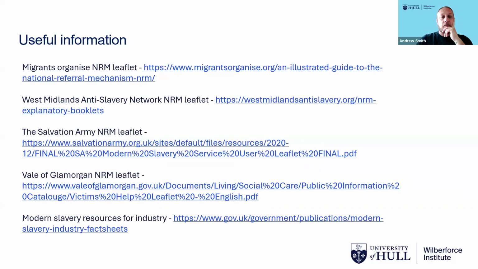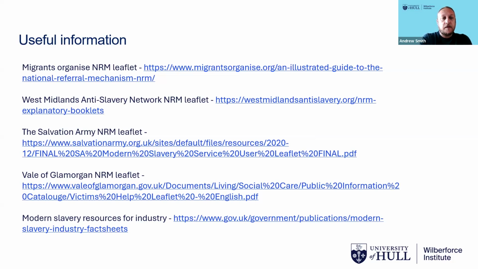And then the other thing I wanted to include in this session was some links to leaflets. I've picked, I think, 3 or 4, and I found them on the internet very easily. There are more. These leaflets give information about the national referral mechanism, about support that's available to people if they are being exploited or we think they're being exploited and we want to refer them into the NRM.